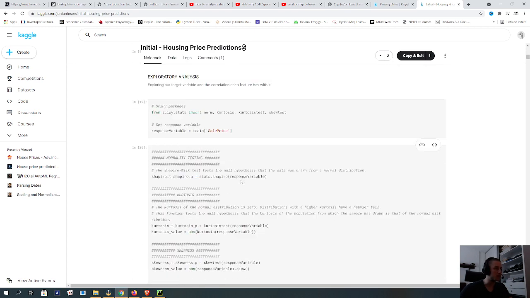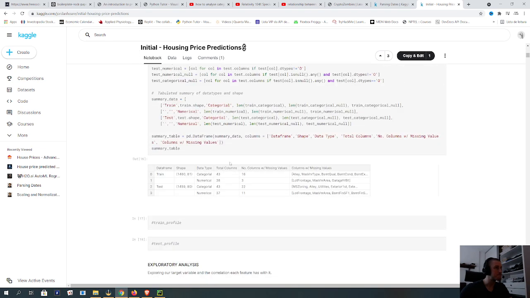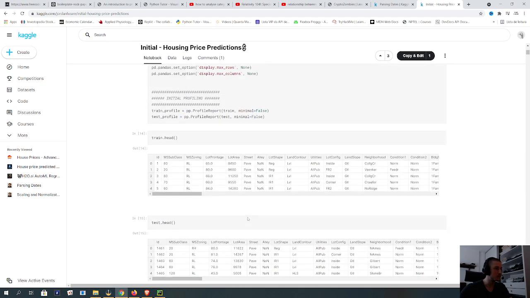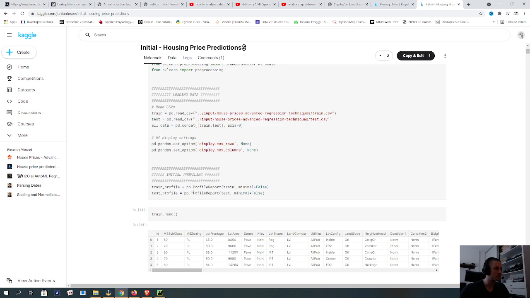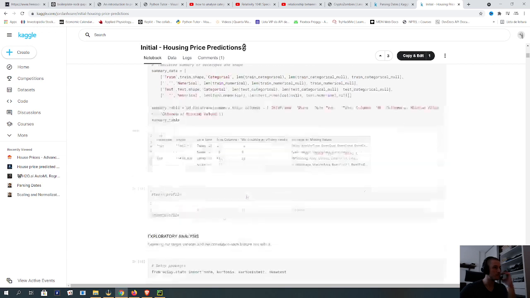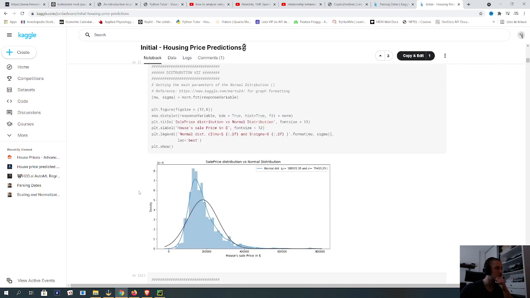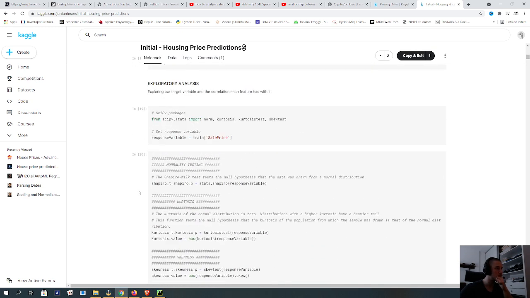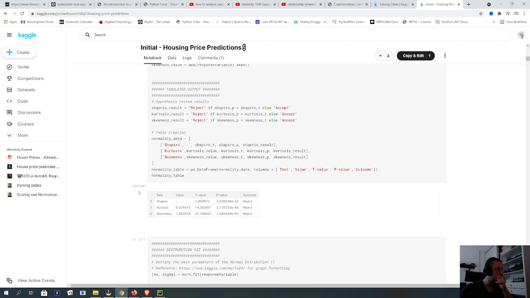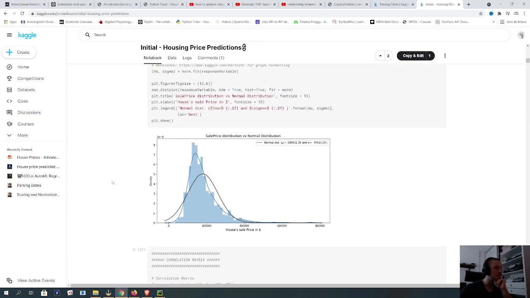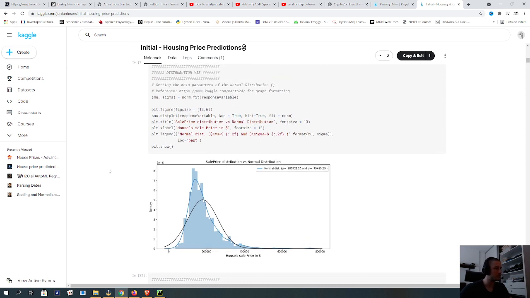So first he's normalizing, then here I guess it's showing the normalization process.